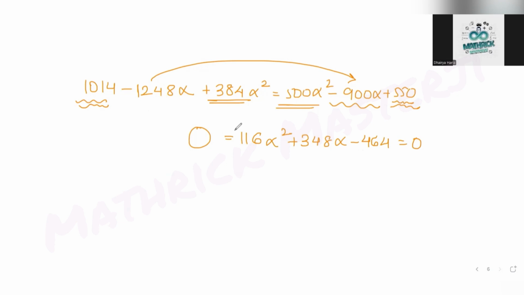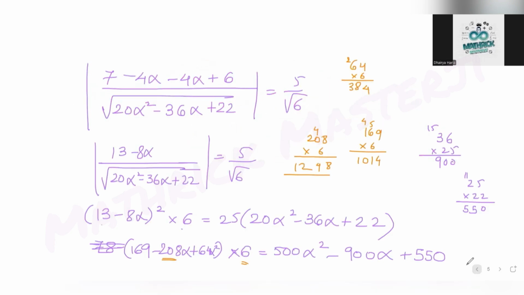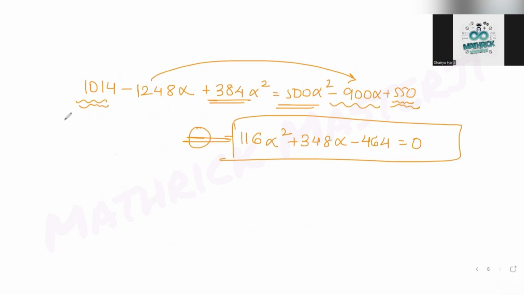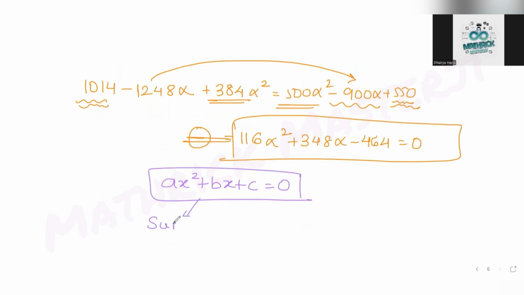Now, once I have this whole quadratic equation, now I can find the two values of alpha, and then the question is asking me to find the sum of all possible values of alpha. Or else you can just use the idea that if you know ax square plus bx plus c is equal to 0, then I can find the sum of possible values by using the formula minus b over a.